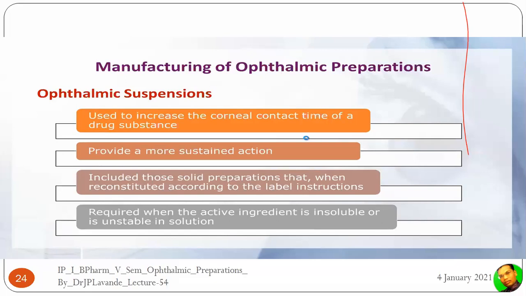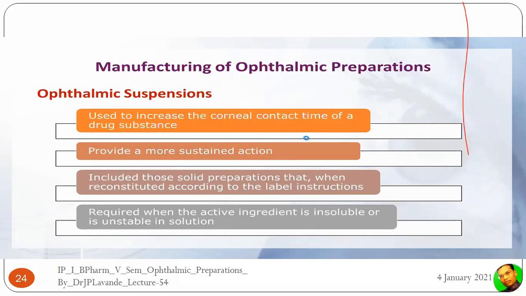It includes those solid preparations that are reconstituted according to the label instructions. So suspension can be reconstitution type also. Whenever it is required, at that time it has to be prepared. It is required when the active ingredient is insoluble or unstable in solution. So this is the basic reason why one has to go with suspension kinds of formulations, isn't it?